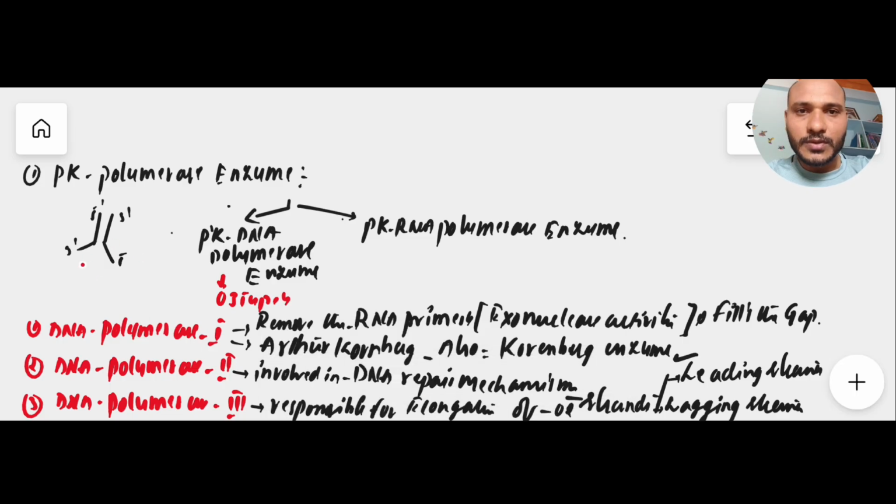One strand forms discontinuously, away from the replication fork, and this strand is called the lagging strand.